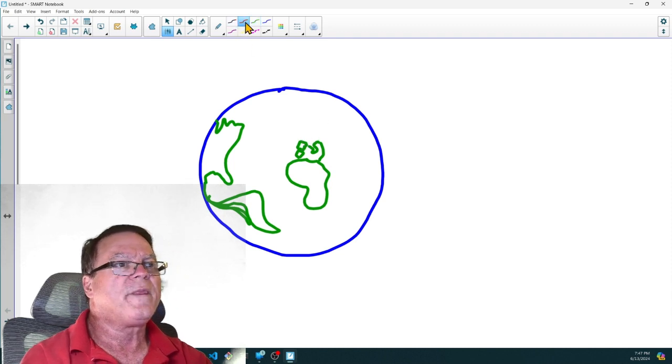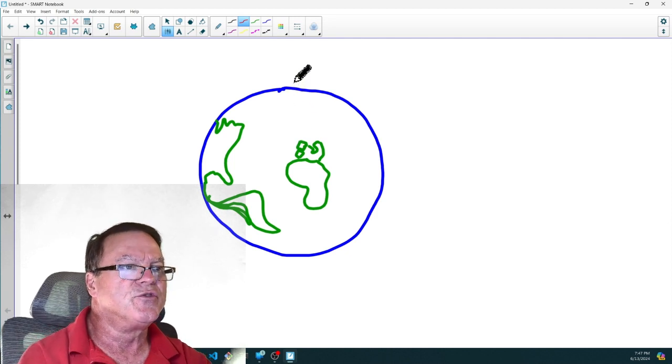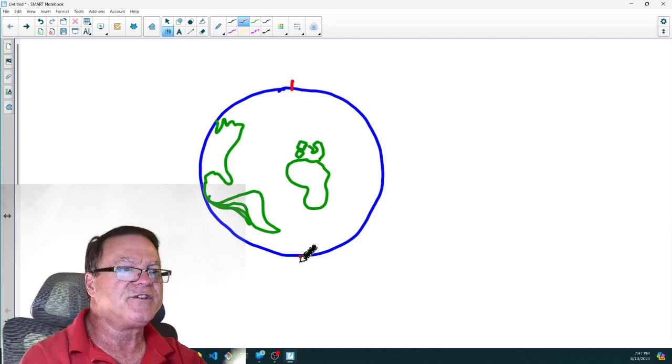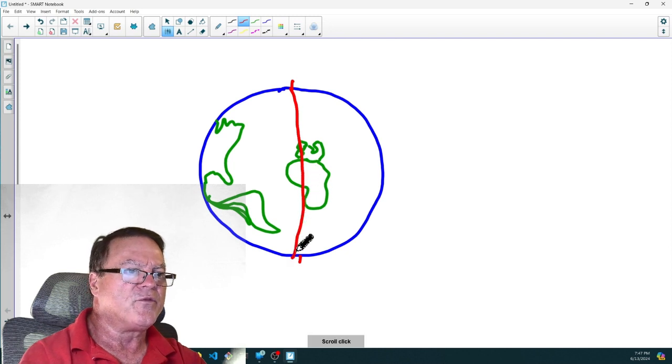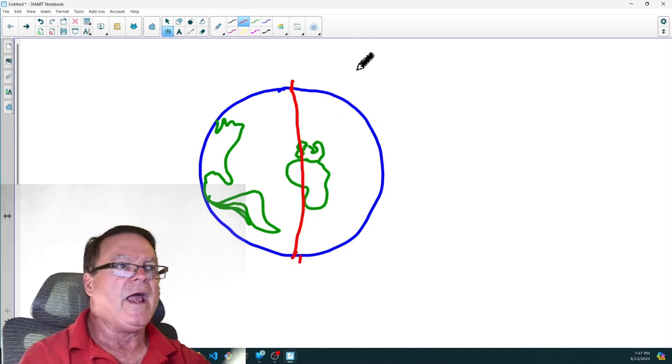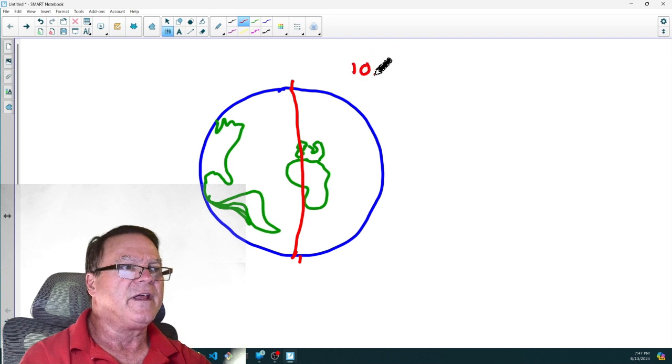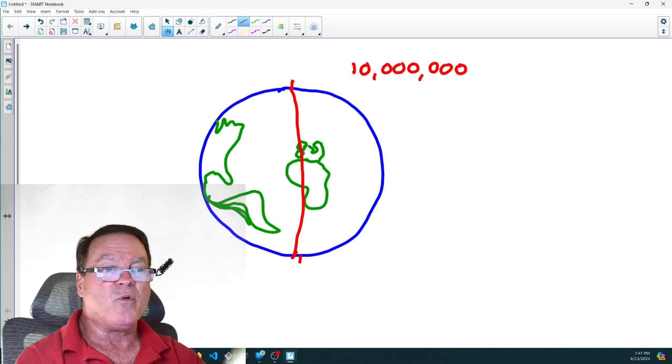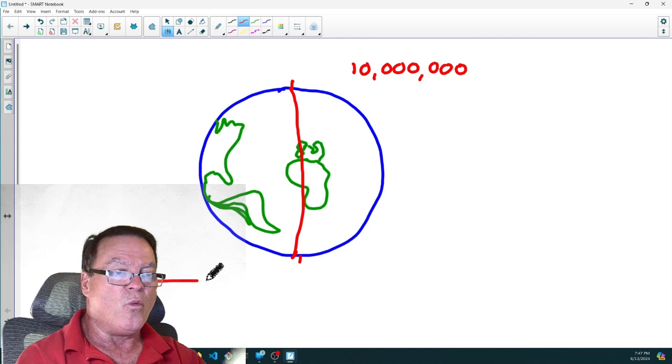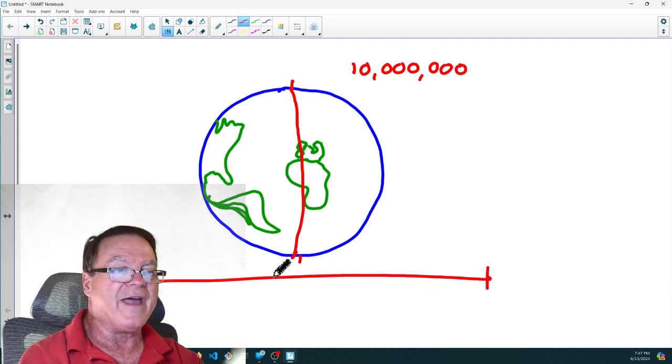So what they did was these scientists drew an imaginary line through the Earth from the North Pole to the South Pole, and they went through Paris, France, and they said that the length of that line was 10 million meters long. That's how they came up with the measurement. So 1/10 millionth of that line is a meter.